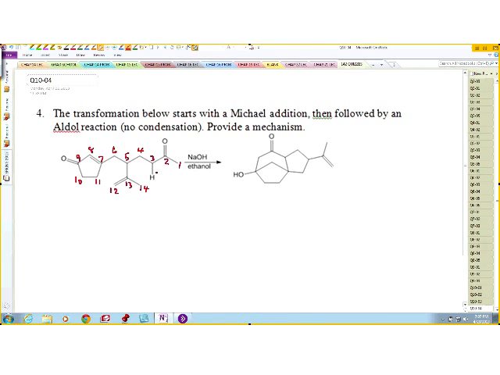In other words, you are going to deprotonate this carbon here. Very good. With hydroxide. Okay, so the hydroxide comes here, abstracts this proton, and you are going to therefore form your enolate right on carbon number 3.